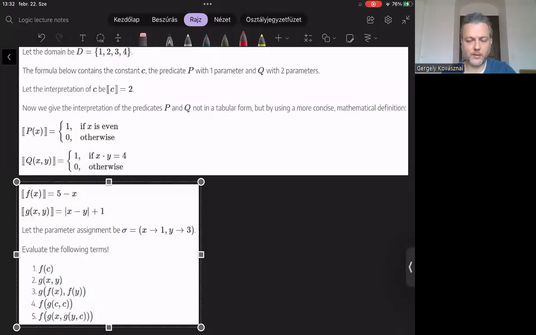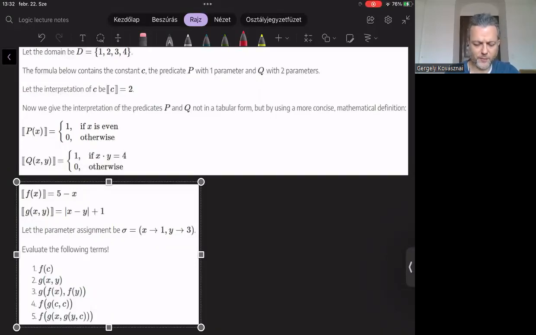And then the main goal is to evaluate those 5 terms. In this video, I'm going to evaluate only the first 3. The remaining 2 terms are supposed to be evaluated by you in the subsequent exercises.